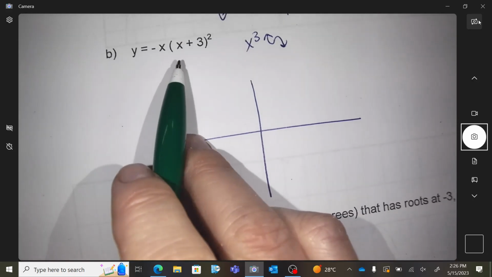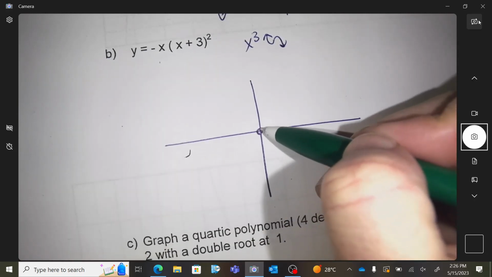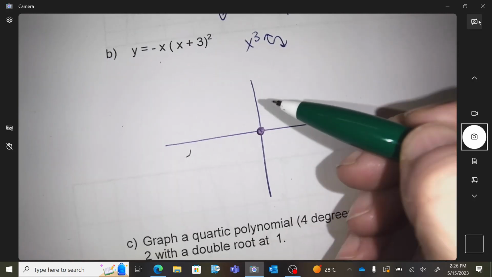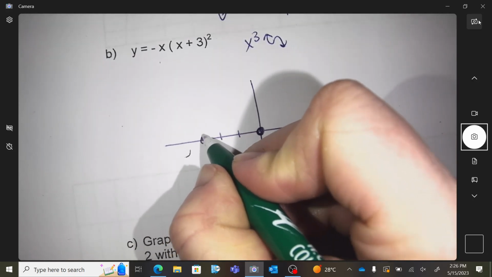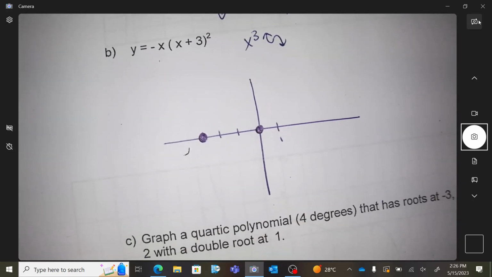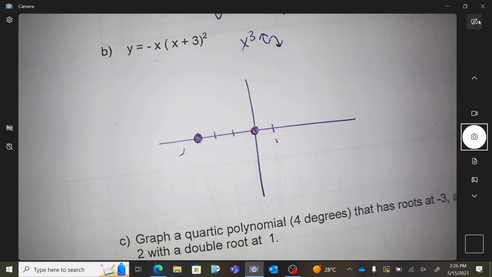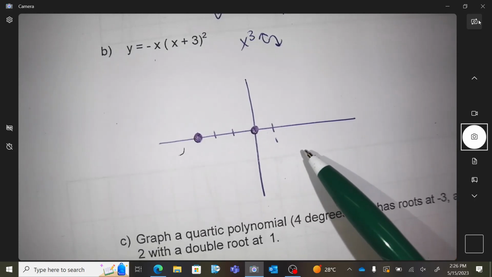Okay, what is the x-intercept on this factor? Just a 0. And then the other x-intercept is a -3. And again, I have to show you some kind of tick mark, so I just put a 1 on that tick mark right there.